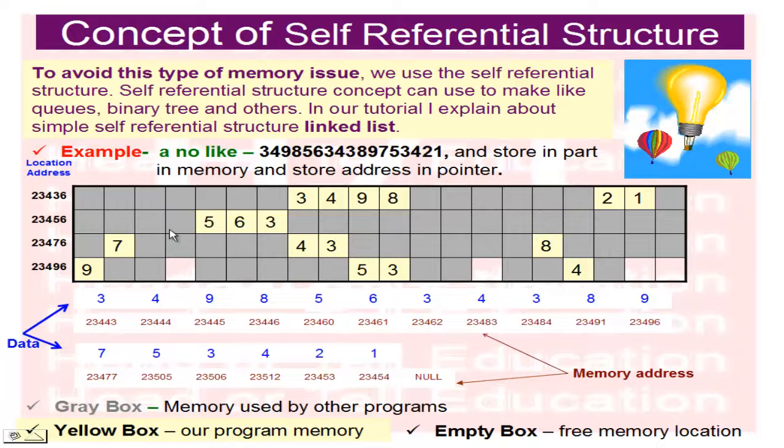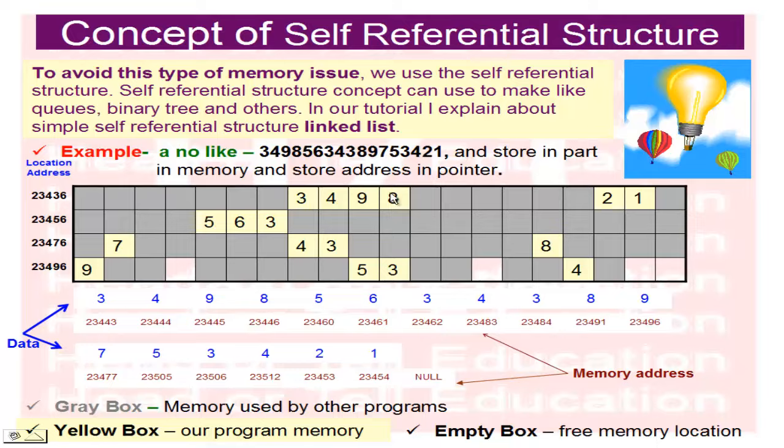Gray boxes are used by all other programs, empty boxes are empty memory, and yellow boxes are for our program variable memory. Now according to this memory chart, it starts from 23436. This is the location number, all is free, and 3498 is available.